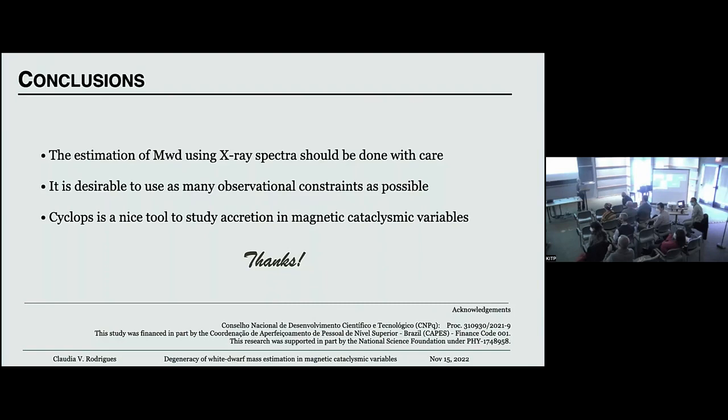I'm telling this because one of my students is working on intermediate polars now, and we got fully dynamical solutions for 3 of them, including GK Per and XY Ari. GK Per was already published, and those are the masses you should use, because they are very, very accurate, and we are going to publish more.